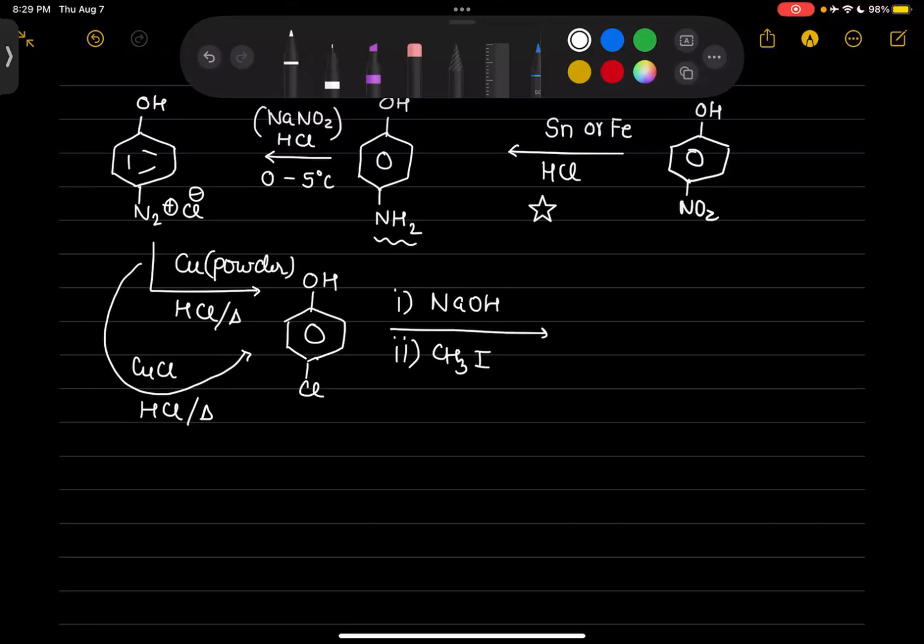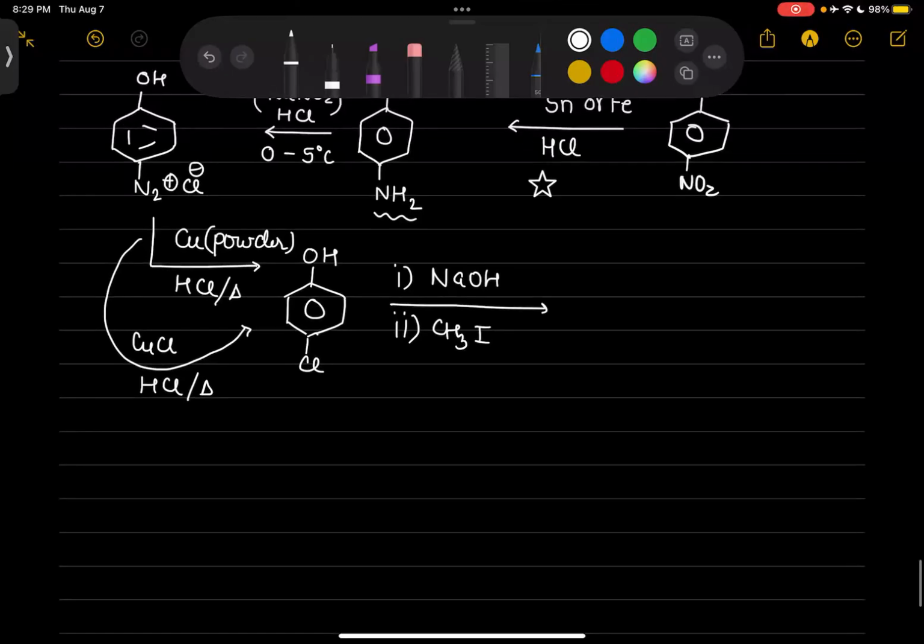What will it be? So parachloroanisole. Yes. So first of all, ONa will form. Got it? This will form. This is Williamson ether synthesis, right?